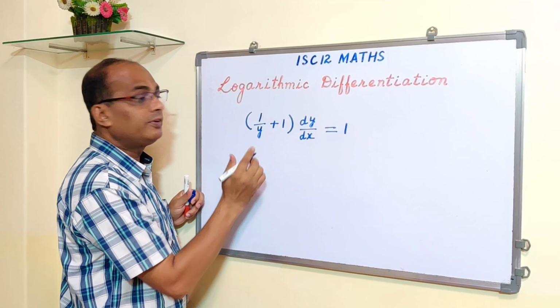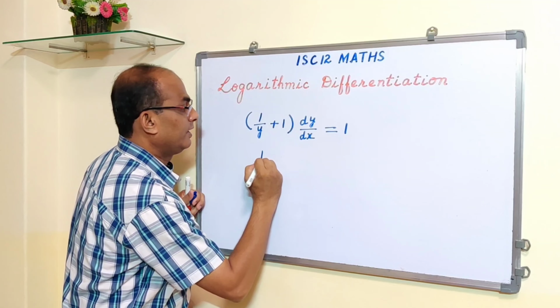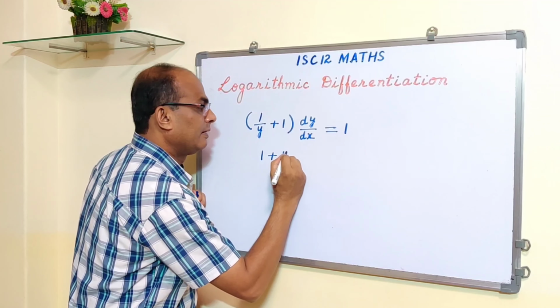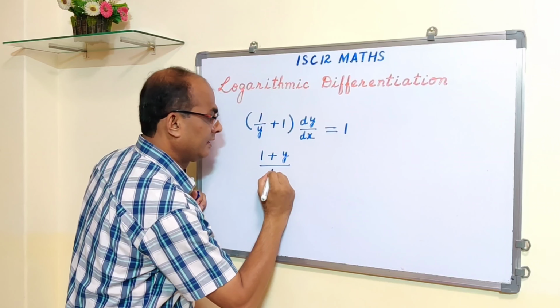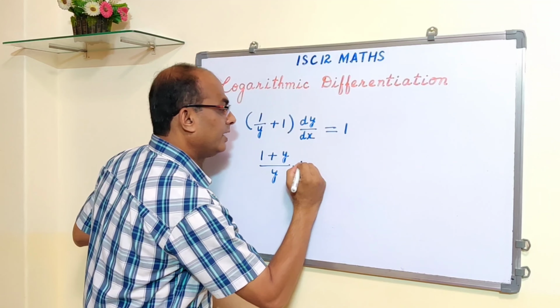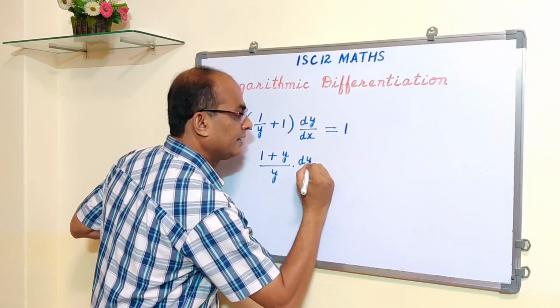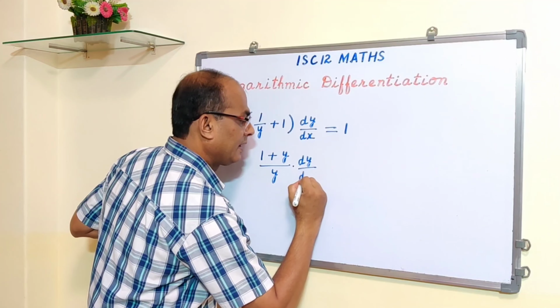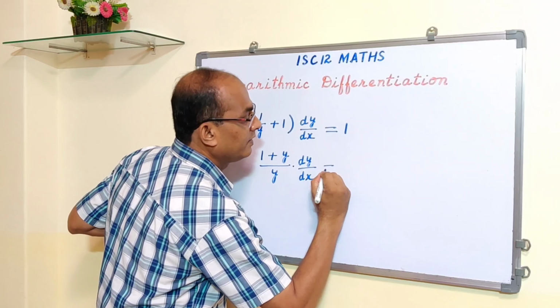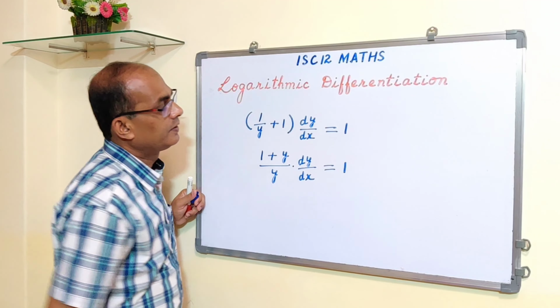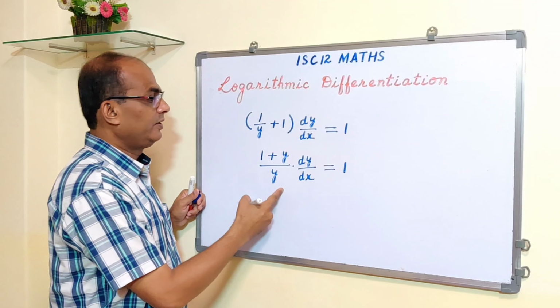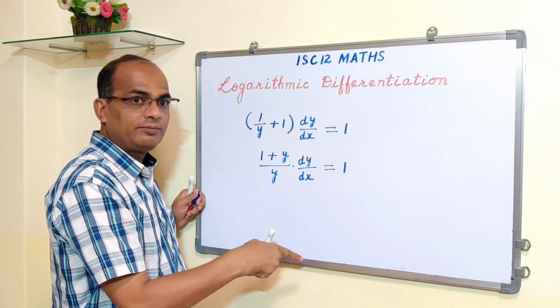This we can write down: 1 plus y upon y into dy upon dx is equal to 1. Alright, now this y will go up, 1 plus y will come down.